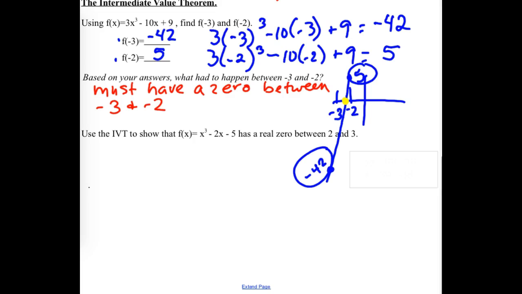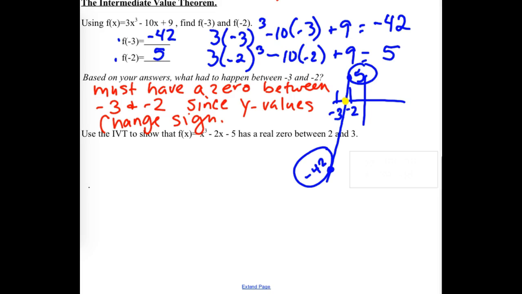So that doesn't really tell me what the 0 is, but it tells me there is one in that position. And our reason is, since our y values change sign. So it doesn't matter if we're going from negative to positive or positive to negative, but either way, we have to cross through 0, or that x-axis.